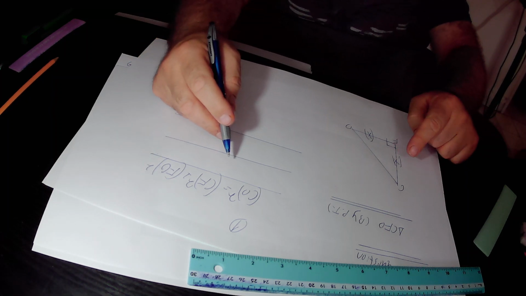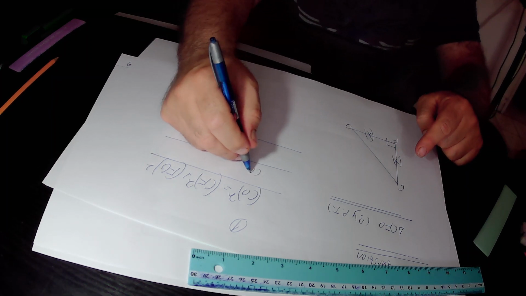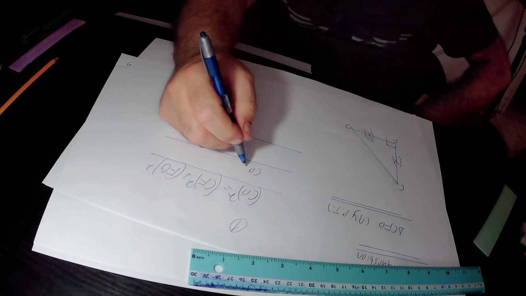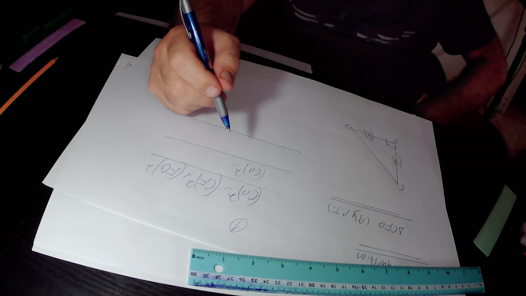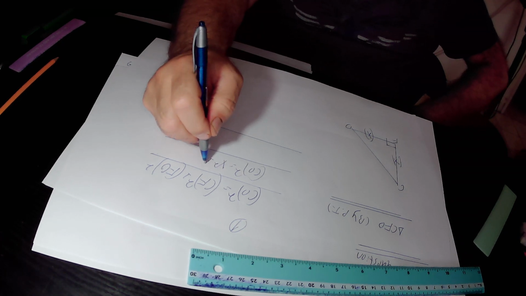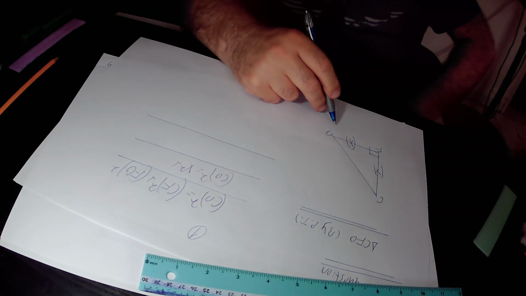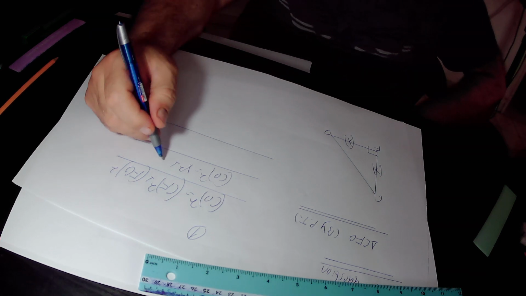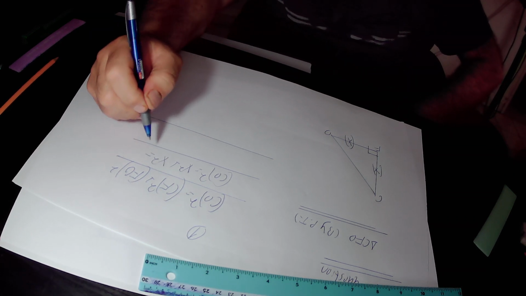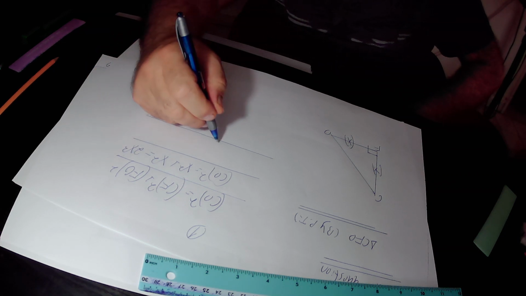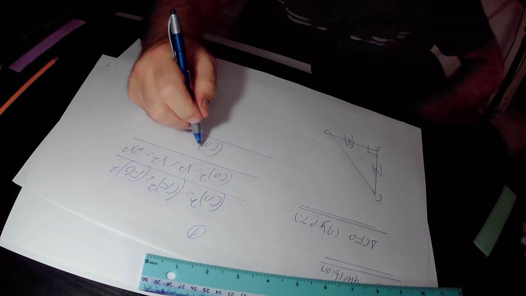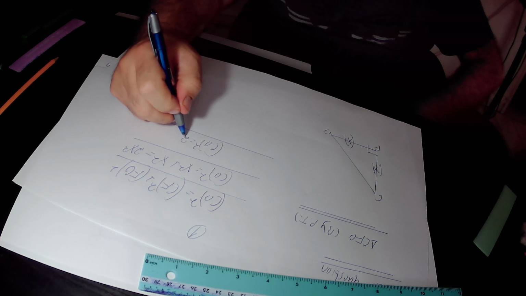CO is the missing side, so we leave it as it is. So CO squared equals CF squared. CF is x, therefore CF squared is x squared, plus FO squared. FO is also x, therefore FO squared is x squared. So in total, CO squared equals x squared plus x squared, that is 2x squared.